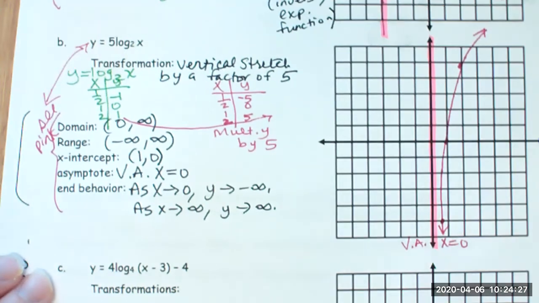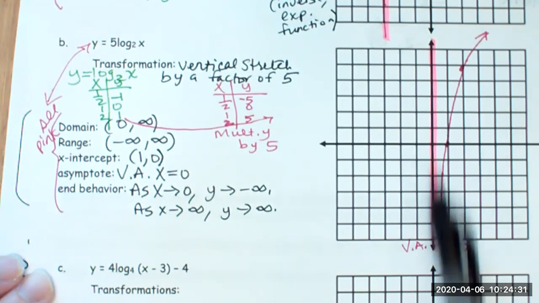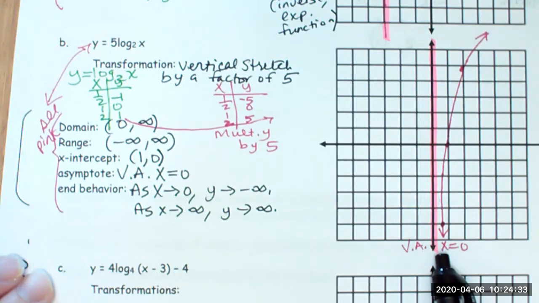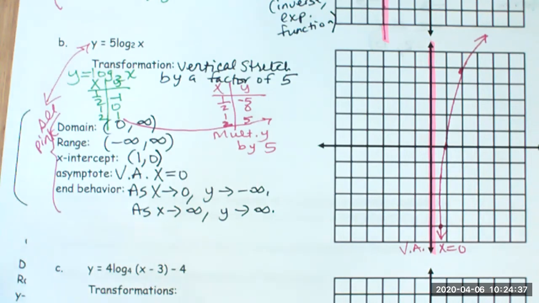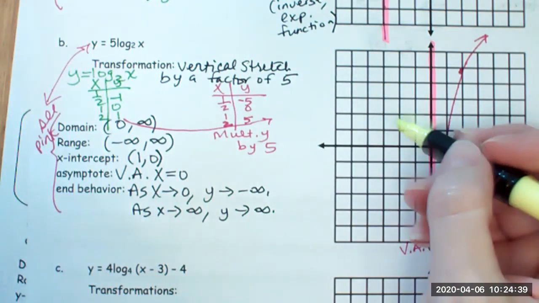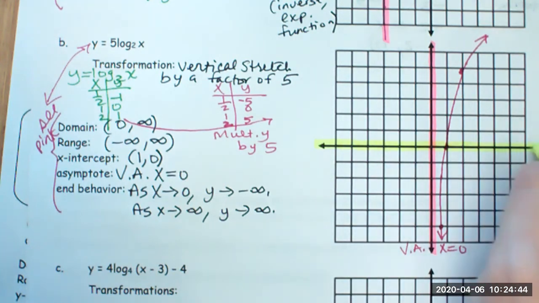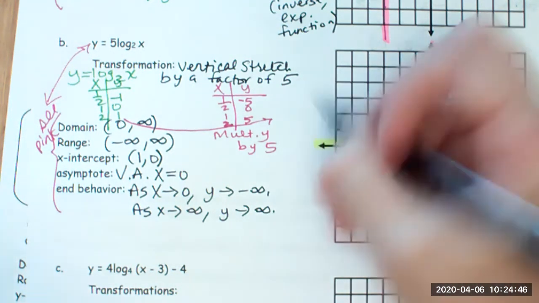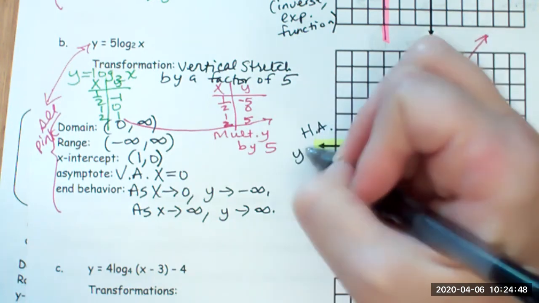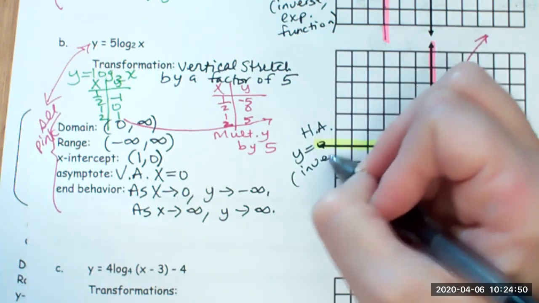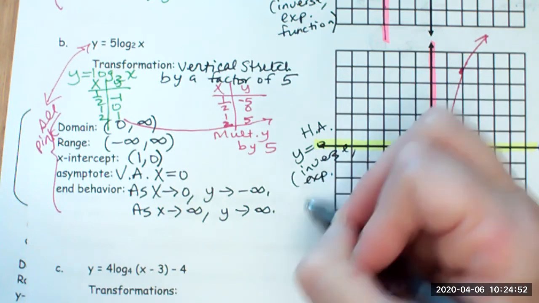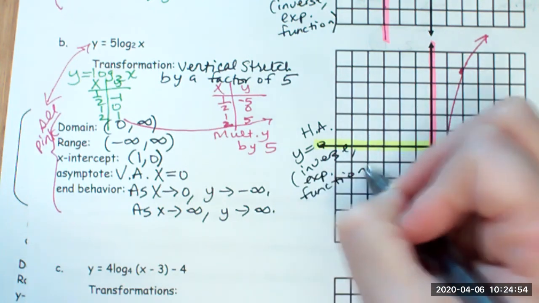And so now I'm just going to do the inverse. Remember that if the log has a vertical asymptote at x equals 0, then the inverse, the exponential function, is going to have a horizontal asymptote at y equals 0, right? So this is the inverse exponential function, okay?